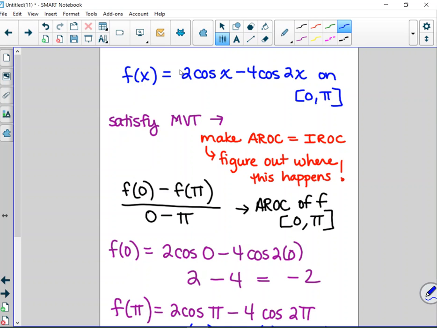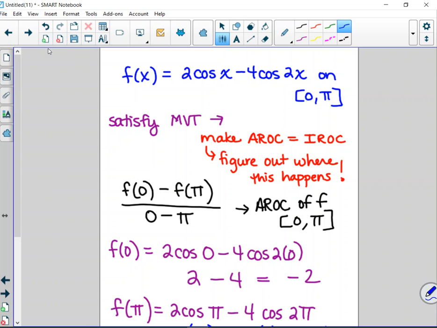So I want to make the derivative of that function equal to that crazy number. That's why I have the calculator, because that number is crazy. Thank goodness I have a calculator, because there is no way I'm going to figure out algebraically where the derivative is equal to that. It's not at a nice number.